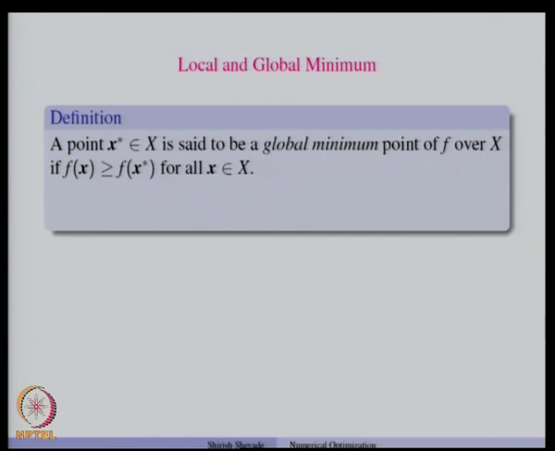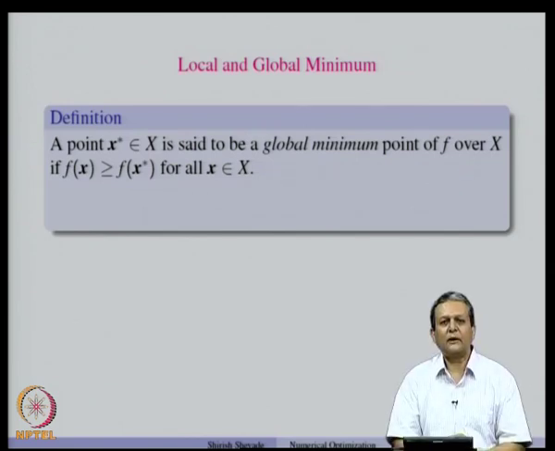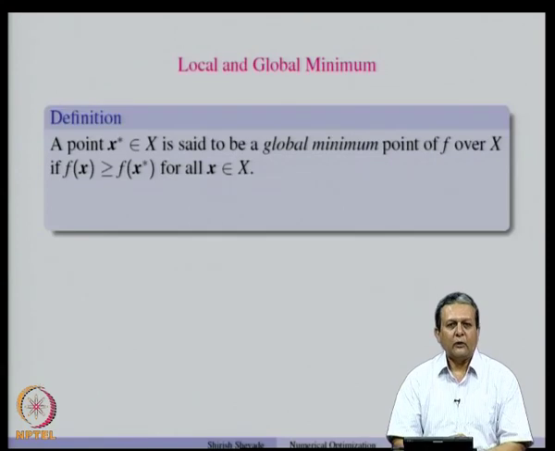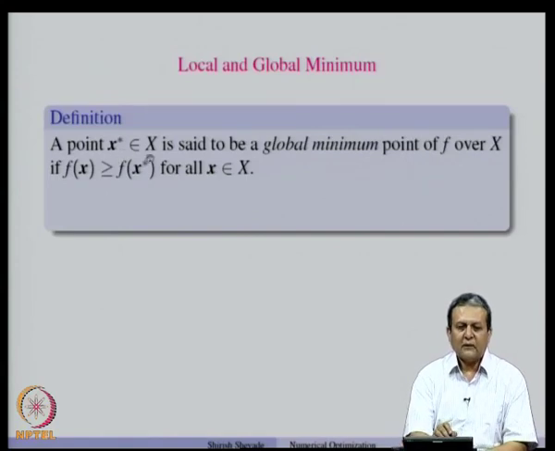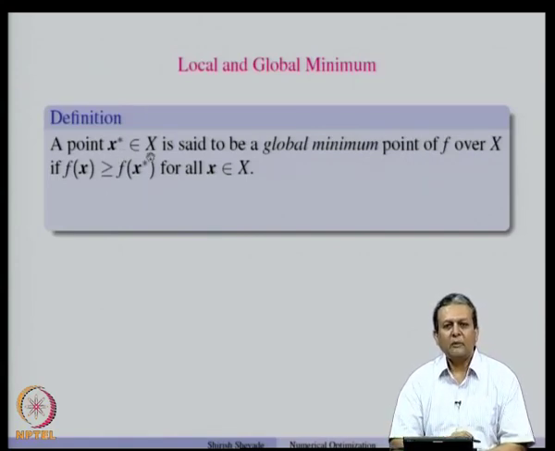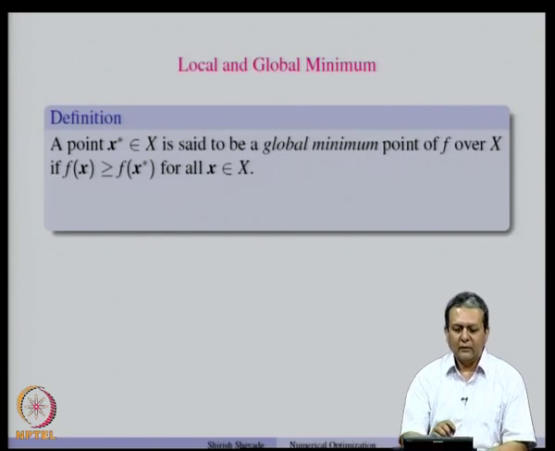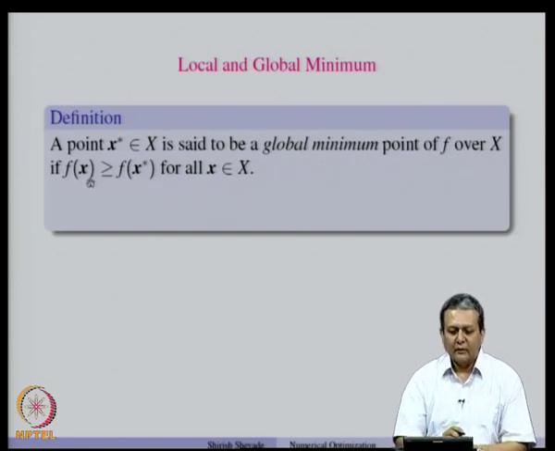Now, similar to the unconstrained optimization problems, we have to see the notion of local and global minima in the context of constrained optimization problems. Remember that we are trying to solve the problem minimize f(x) subject to x belongs to the feasible region X. A point x star in the feasible region is said to be a global minimum point of f over X if f(x) is greater than or equal to f(x star) for all x in the feasible region.